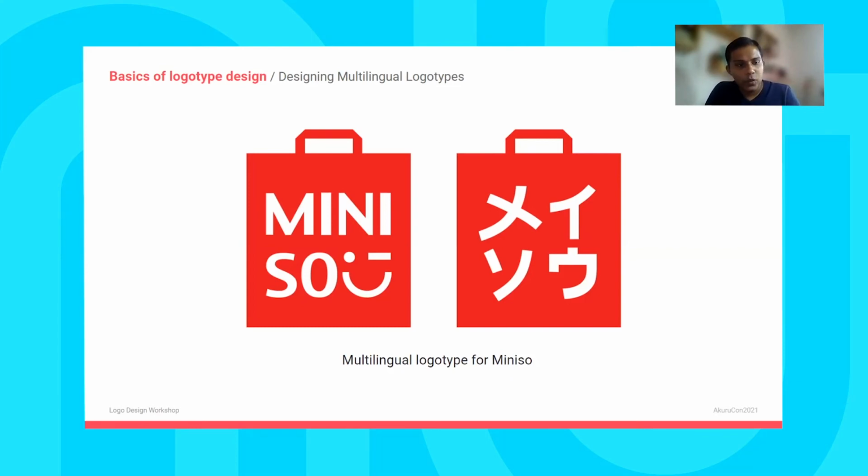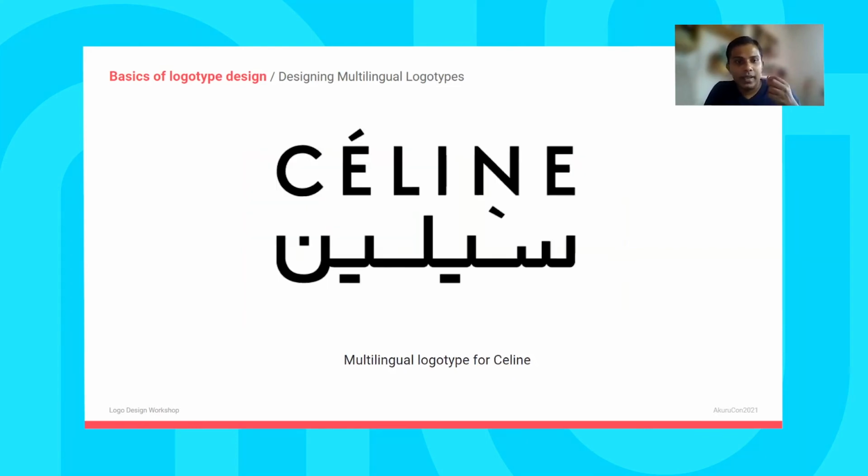If you can go to the next one, there's an Arabic one, the Selin one, which has the same essence. If you look here, even though the noon in Arabic and the C do not have the same curves, it resembles the essence of this script.